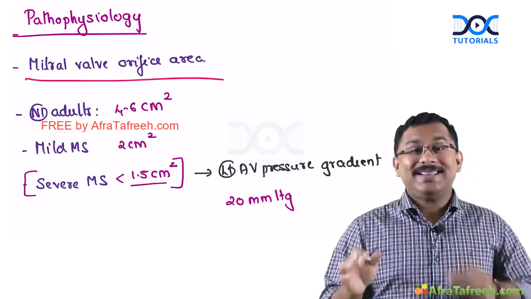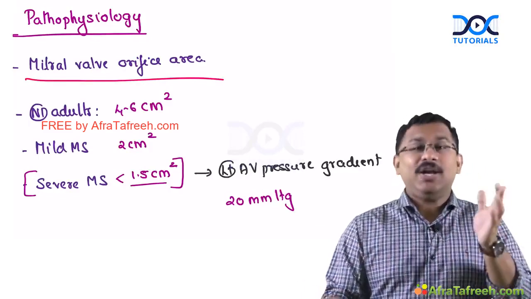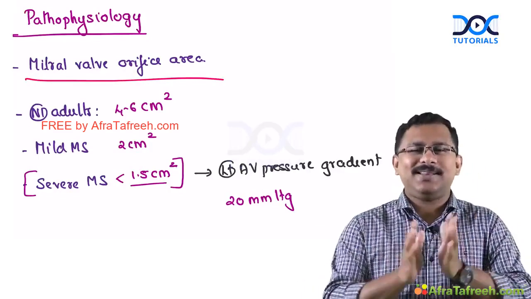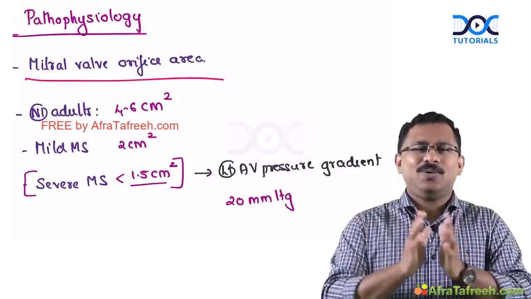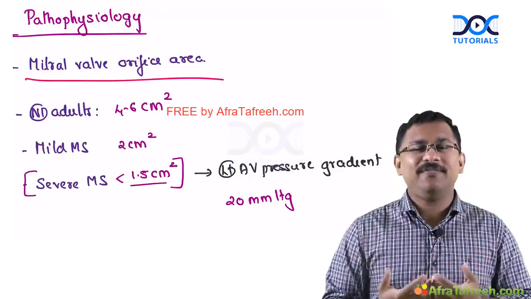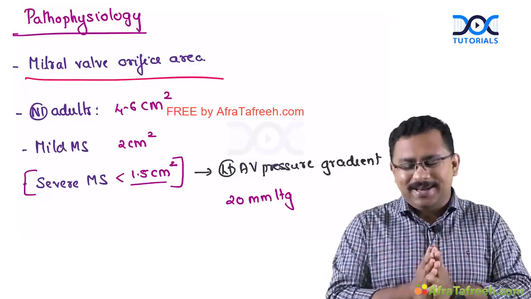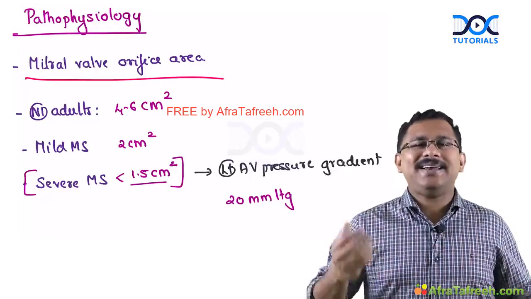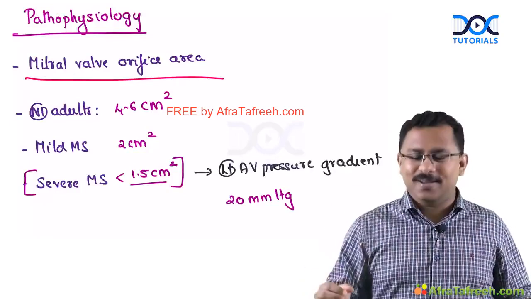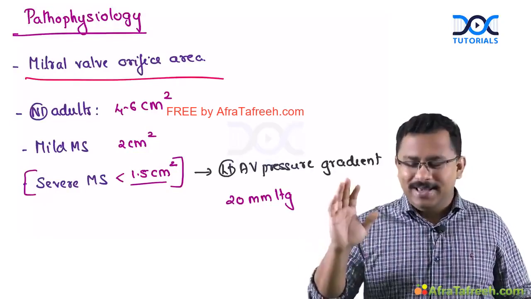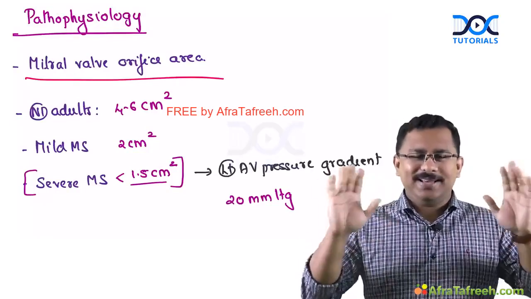Okay, so at this stage, say with a normal LV diastolic pressure, the LA pressure will be slightly more than 25 millimeter mercury. But I hope by now you understood that a larger pressure gradient is required for the forward flow of blood. Okay, so the LA pressure actually increases.